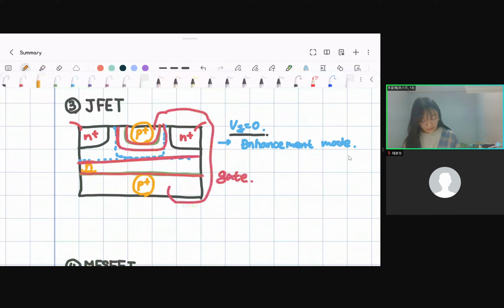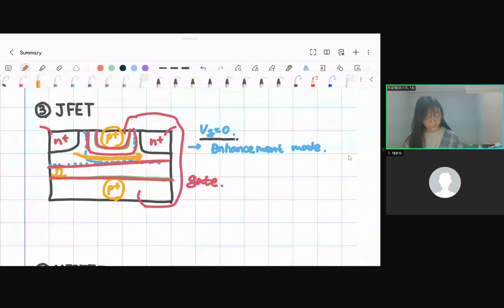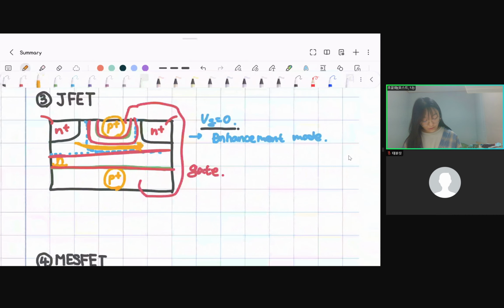So it can make a channel between the depletion regions. So by using this JFET, we can make a channel by giving the gate bias. And also when we manipulate the depletion region like this, when the gate bias is 0, it is a depletion mode JFET.